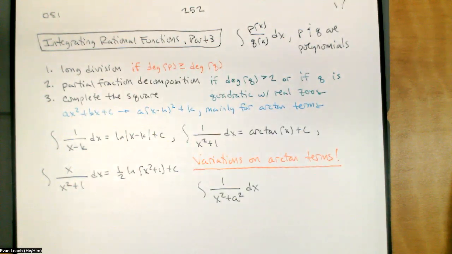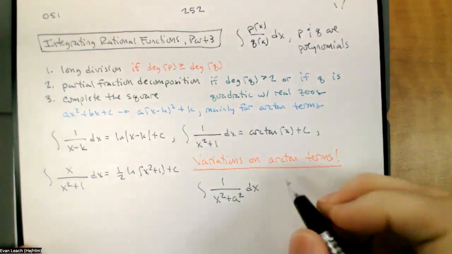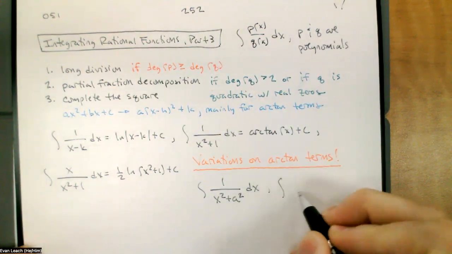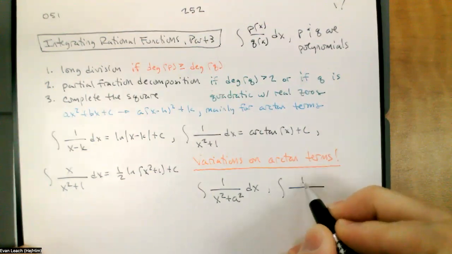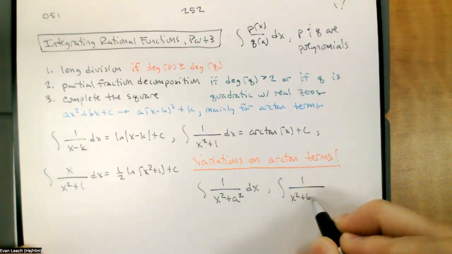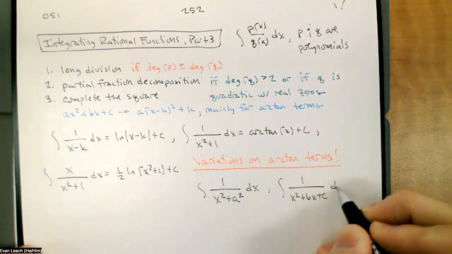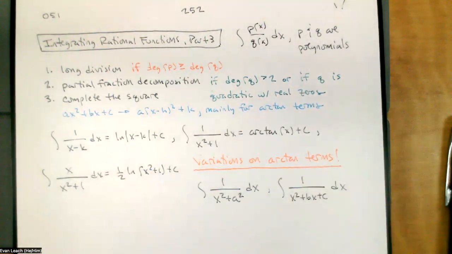The next variation on this arctangent business is the one that's going to involve completing the square. That's what if there is an x term. Once we lock down these two variations and know how to deal with them, we are done with integrating rational functions. We can integrate any rational function. It would just require time and motivation.